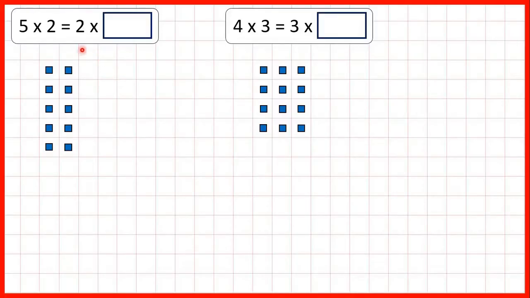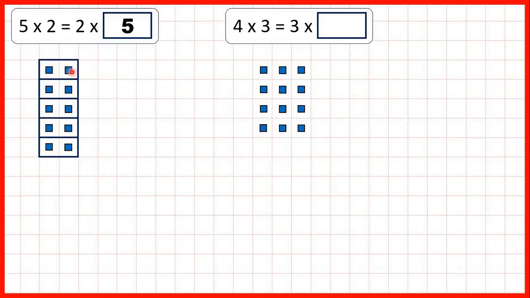Now it's important to understand that we can multiply numbers in any order. So 5 times 2 is the same or equal to 2 times 5. 5 times 2 is 10 and 2 times 5 is 10 as well. And to see that, we can show an array.